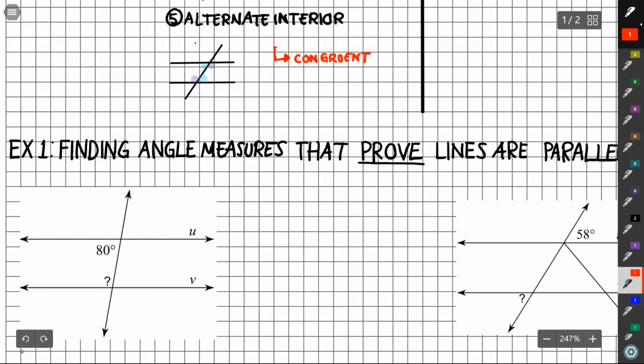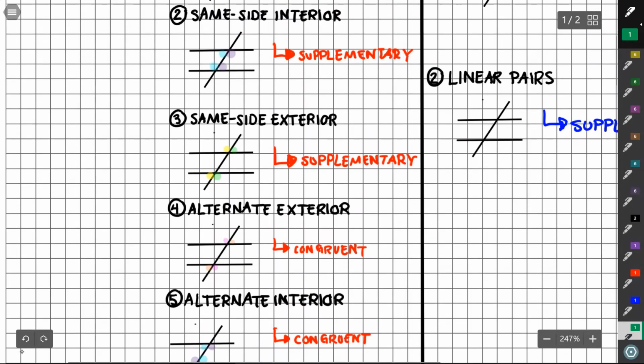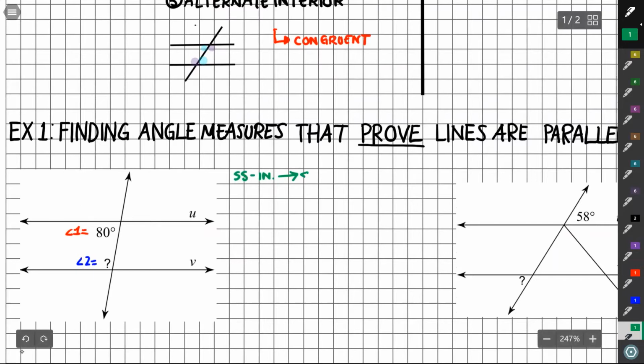Alright, so I have angle 1 here and angle 2 here. So I'm on the same side of the transversal inside my parallel lines, which means I have same side interior, and I can look at my table, and same side interior angles are supplementary.